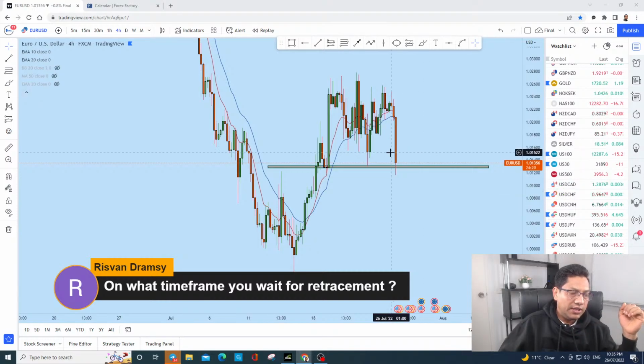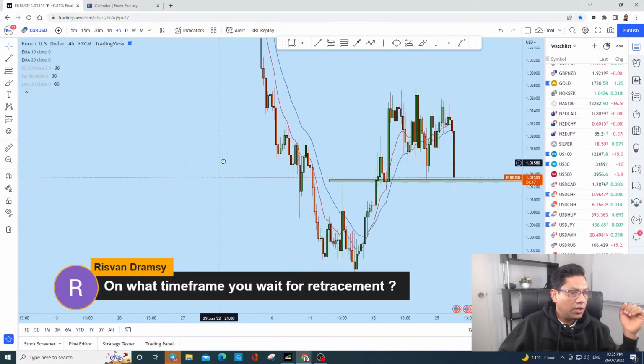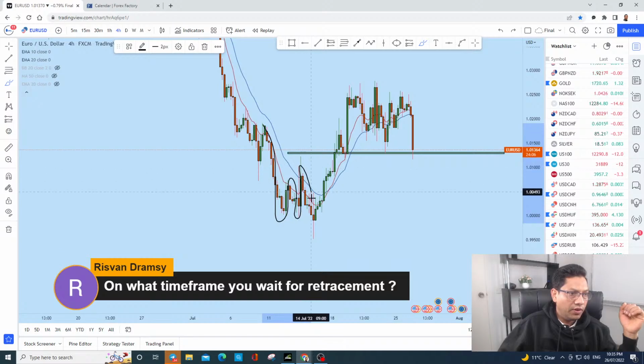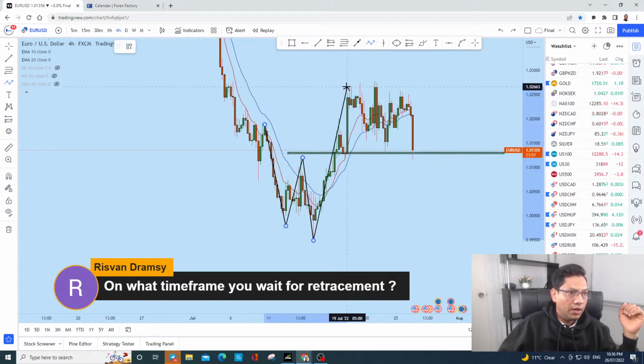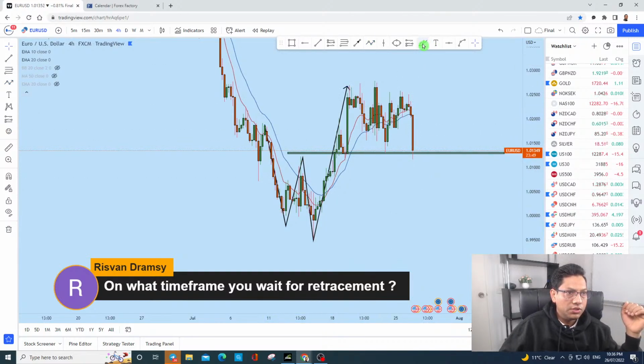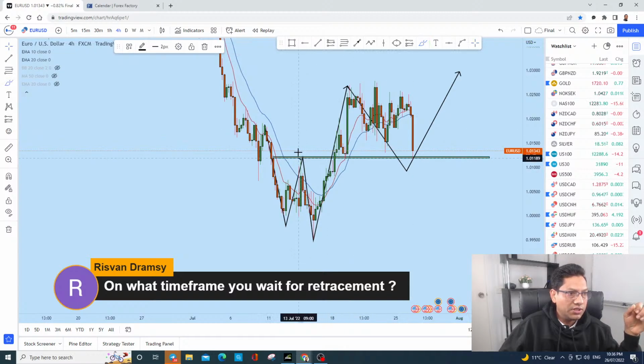Now see Euro-Dollar. One thing you need to keep in mind is that there is a double bottom here. You might call it an inverted head and shoulder or a double bottom. The price came exactly to this double bottom neckline, testing this resistance as a support.